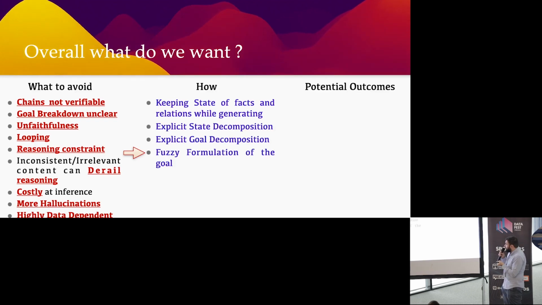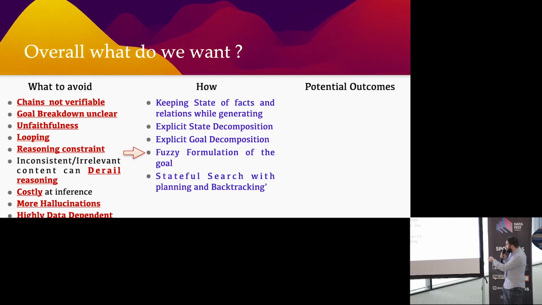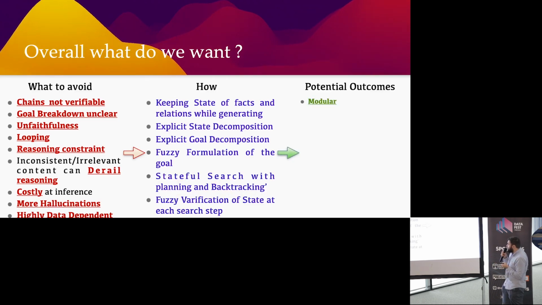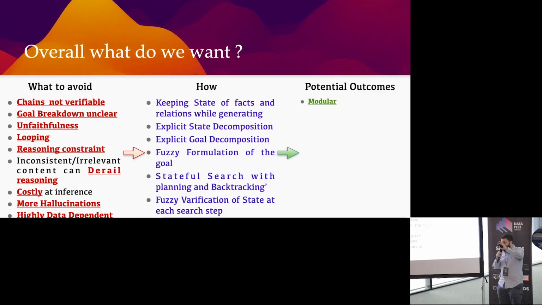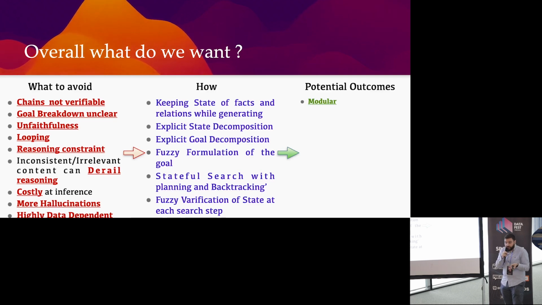So the good ideas that we took from various lines of research are the following. Let's keep a state of facts and relations. Let's explicitly state the decomposition of the task, essentially what we are solving currently. Let's explicitly have goal decompositions: these are the facts that we're using, and we're using these facts to prove a certain type of subgoal. We have to be fuzzy, so we don't rely on an external solver being runnable.